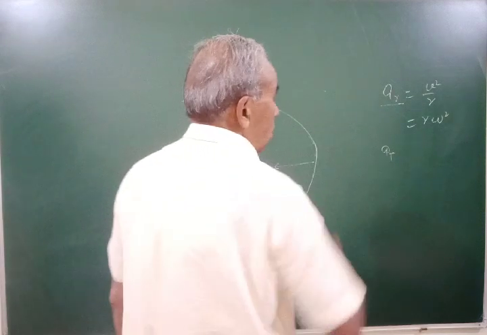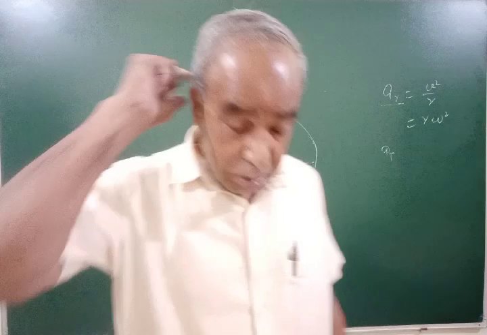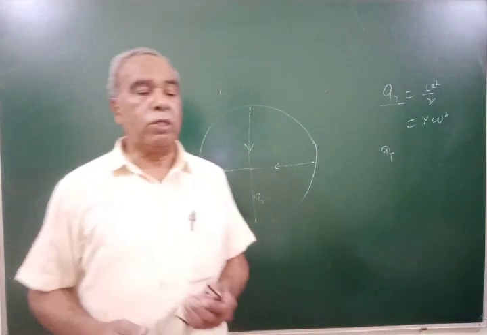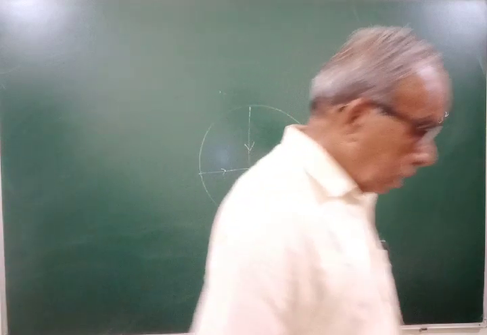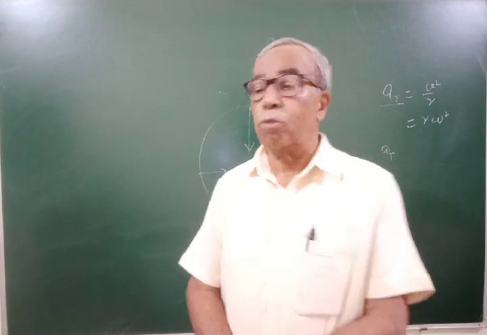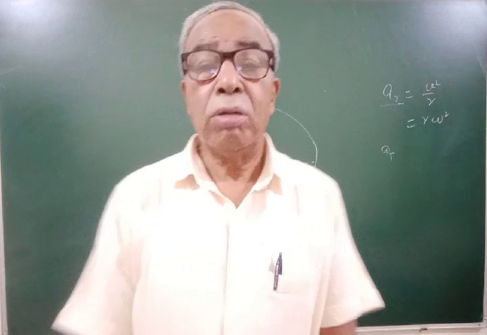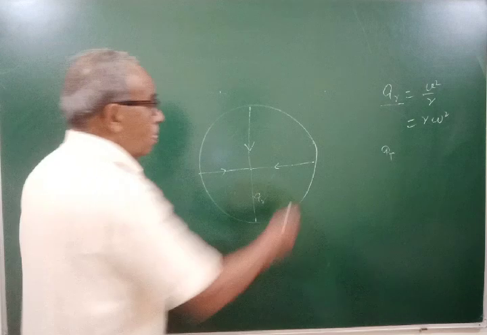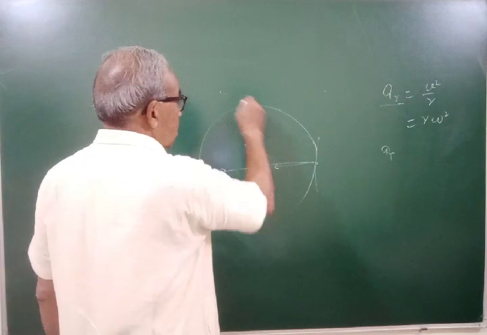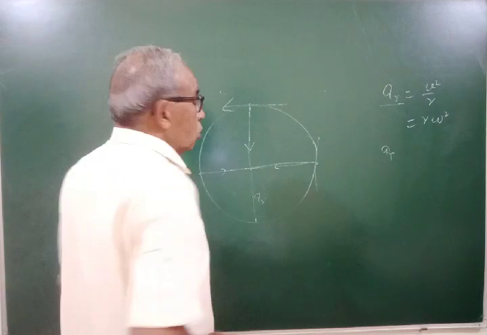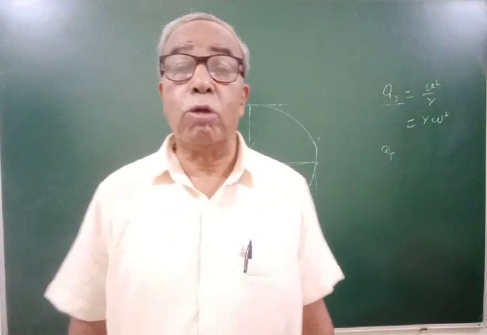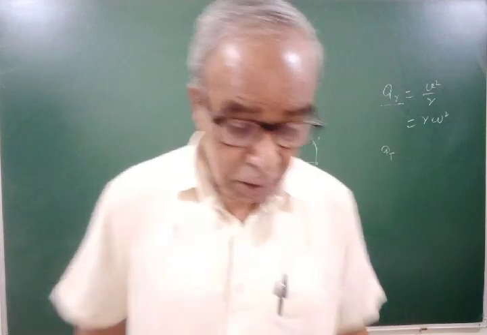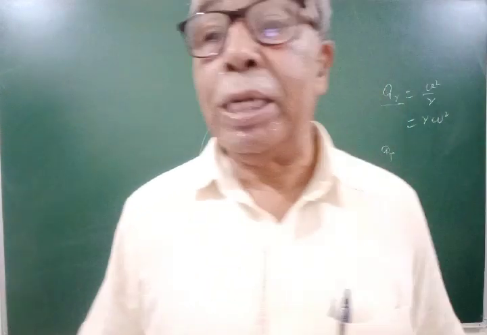In uniform circular motion, acceleration is at right angle to velocity at every point of the motion. Please note it. We will meet in the next video with numericals. Thank you.